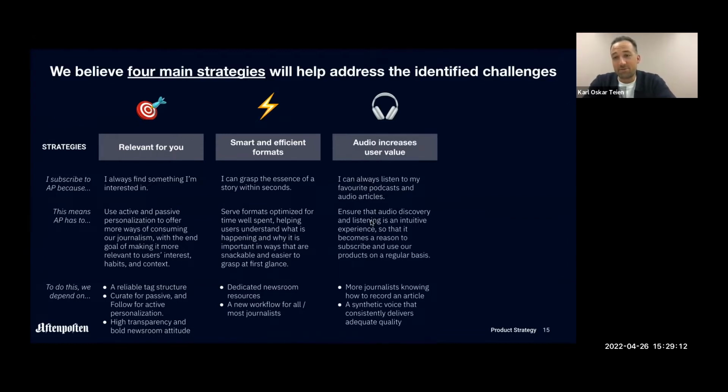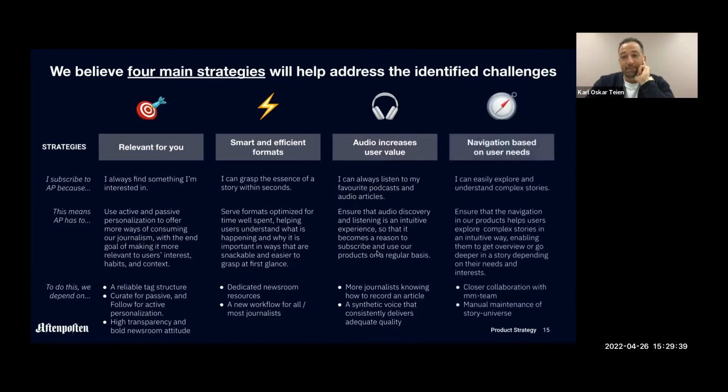If you have a print subscription, you see that it just piles up, and you should have read all those articles, but you didn't. And we think that audio can play a key role in helping users get through that content, because they can now listen to that content while they're gardening or while they're on the bus or wherever. So we think that can really unlock a different type of attention. So that's one goal. It's about formats.